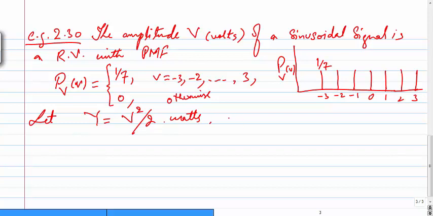Now what we have to do is find the PMF P_Y of y. Now we do that.